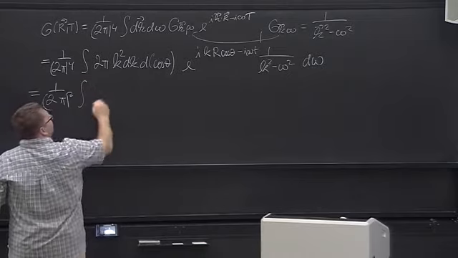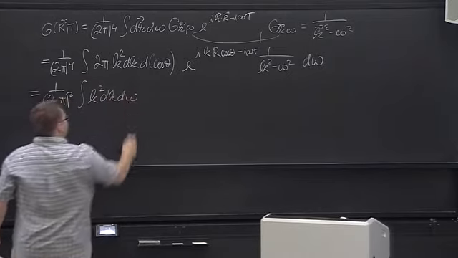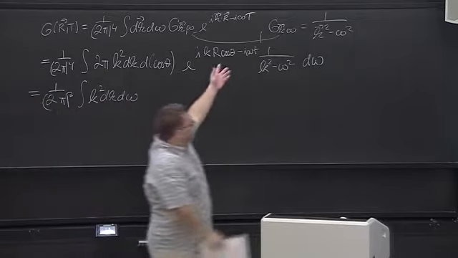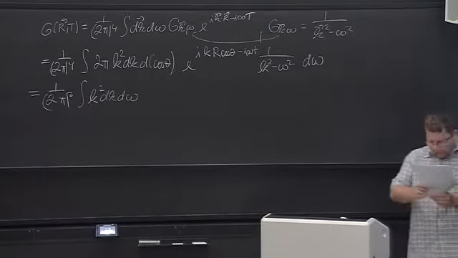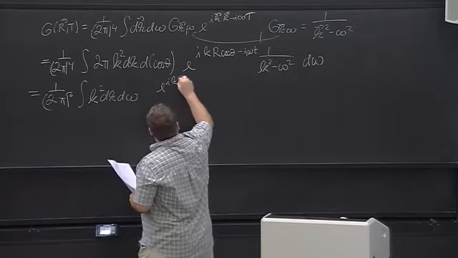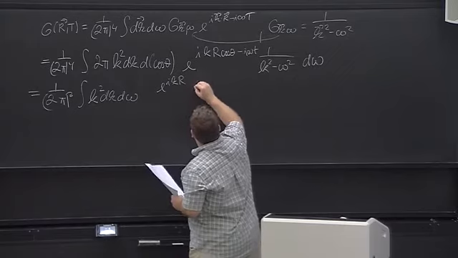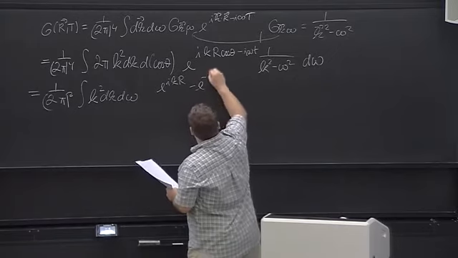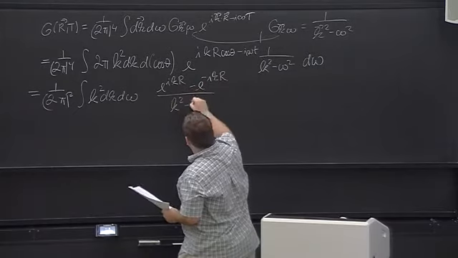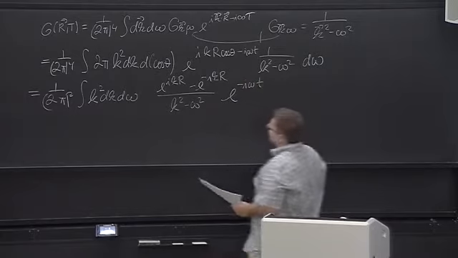And then I still keep the integration over dk and the integration over the omega. But then I'm plugging for cosine theta either +1 or -1. So it will be e to I kr if I use +1, and then minus e to minus I kr, and then k square minus omega square, and then I have this e minus omega t.